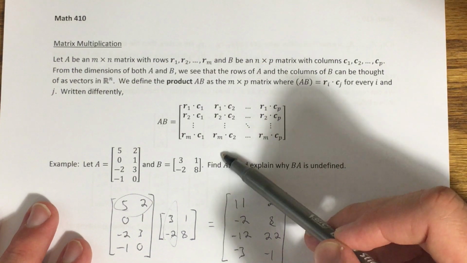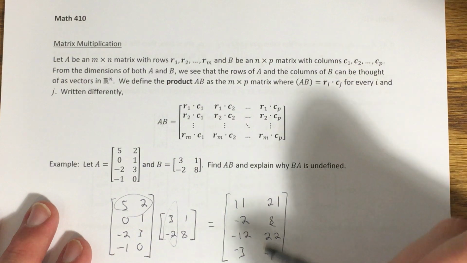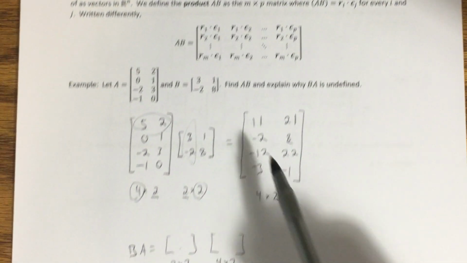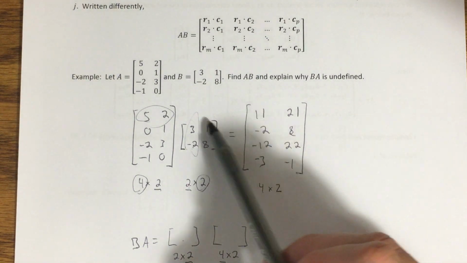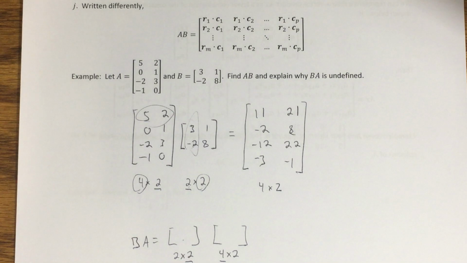It's C2 for all of them. Same thing here, C1 for all of those, CP for all of those. And you kind of saw that happening in this example. I selected a column of B and just dropped it on each row to finish off this column here.